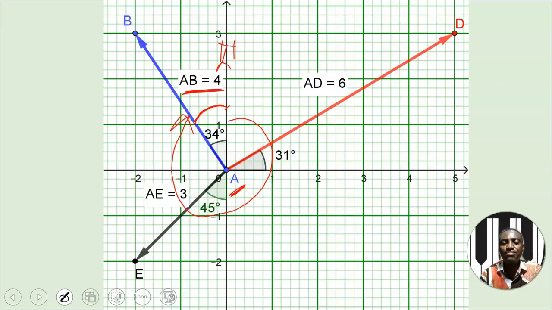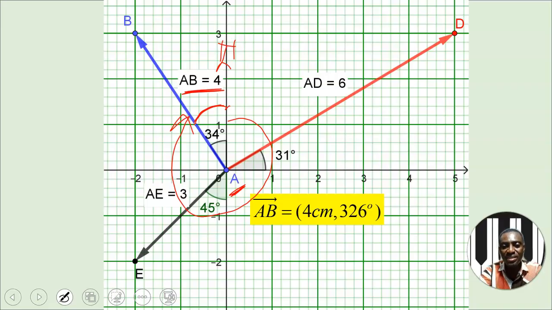And so I'm going to write vector AB as 4 centimeters, 326 degrees. That is if I subtract 34 from 360, then I get my vector. So that vector can be represented in this form. If you had asked me to put this same vector in component form, I would have said moving 1, 2 on the negative side, I'll get -2, and then moving 1, 2, 3, I'll get that.